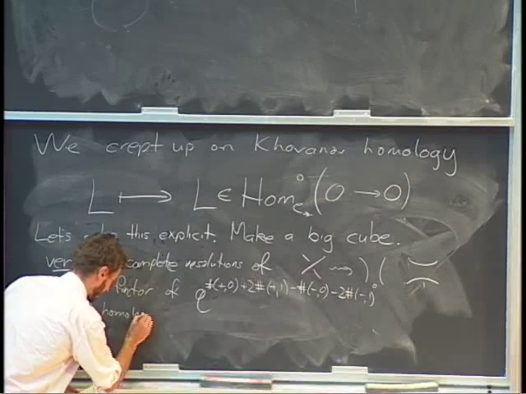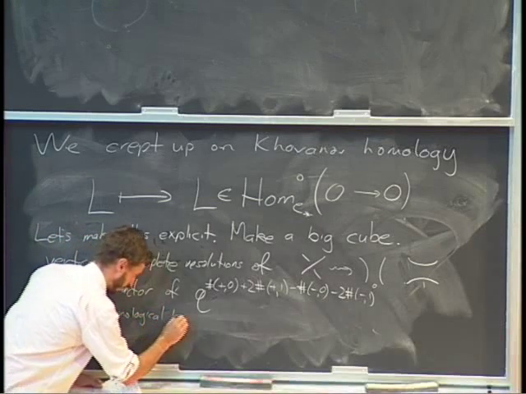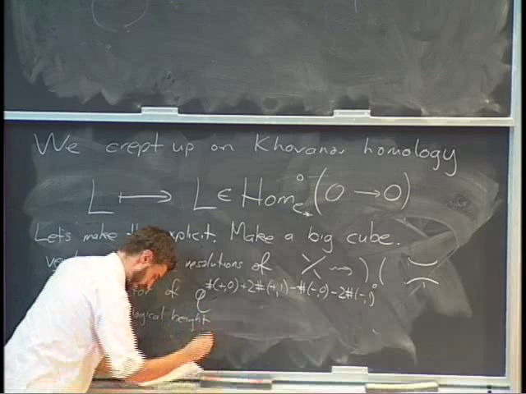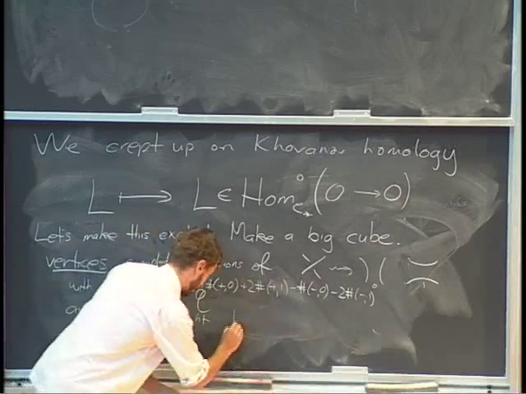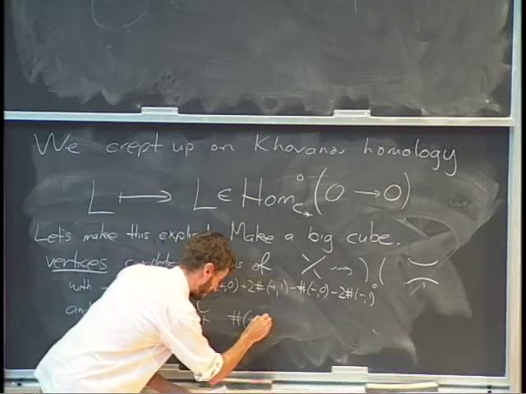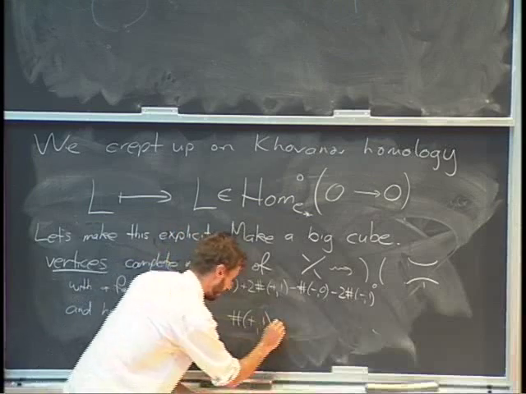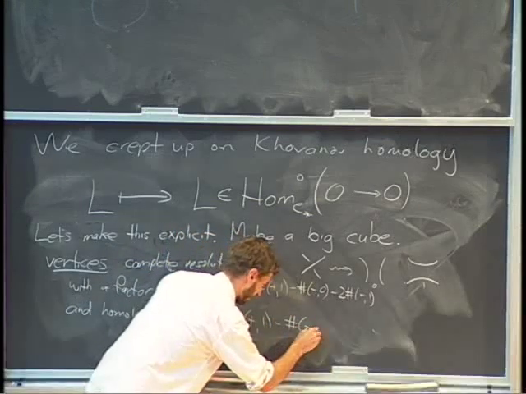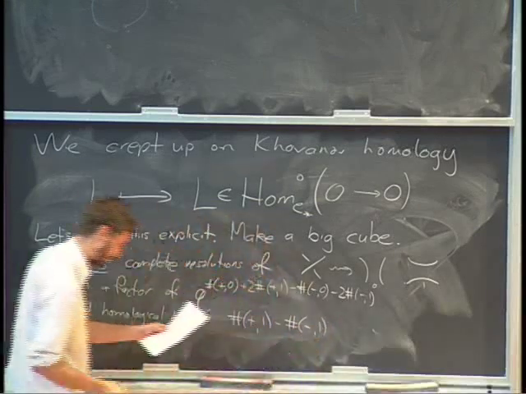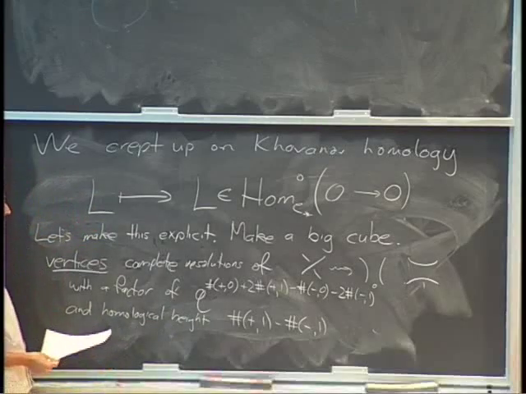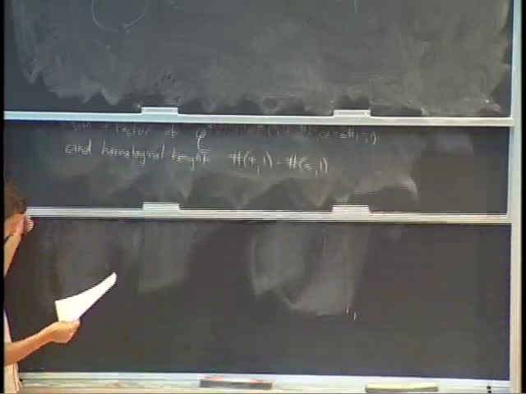And homological height is the number of positive crossings which we've given the 1 resolution minus the number of negative crossings which we've given the 1 resolution. Okay, and now let me tell you the edges of this cube.